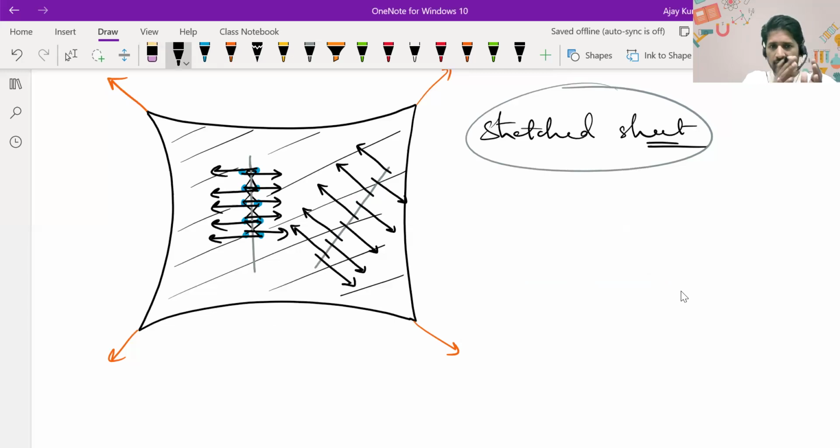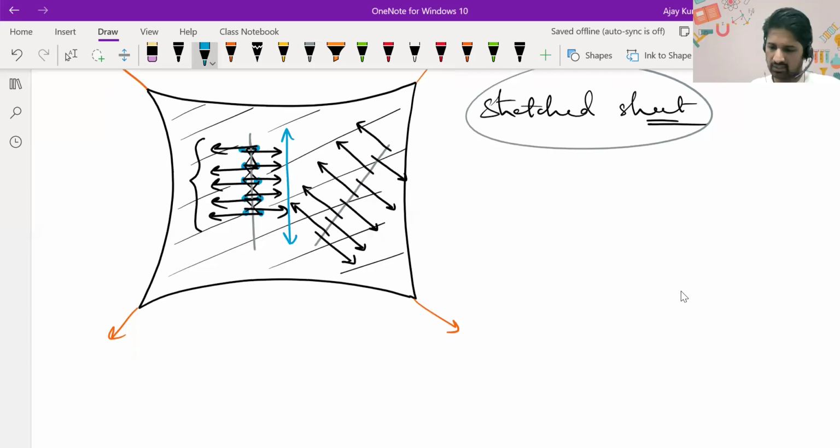Now, the total force exerted by one side of the line on the other side of the line obviously depends on the length of the line, because the longer the line, the greater the number of molecules involved. So total force obviously depends on the length of the line.